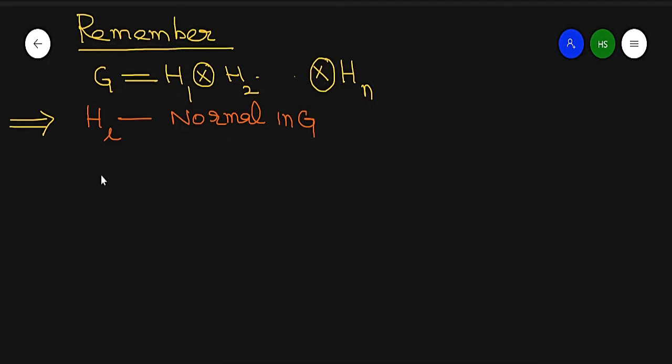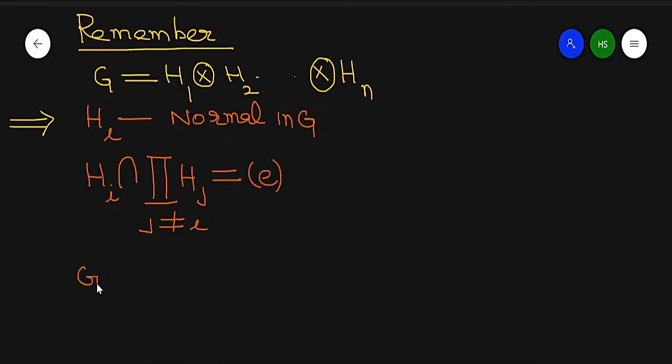Property number 2: Hi intersection the product of Hj, j not equal to i, consists only of the identity element. And property number 3: G is equal to H1, H2 product and so on up to Hn. So remember, this is for the direct product.